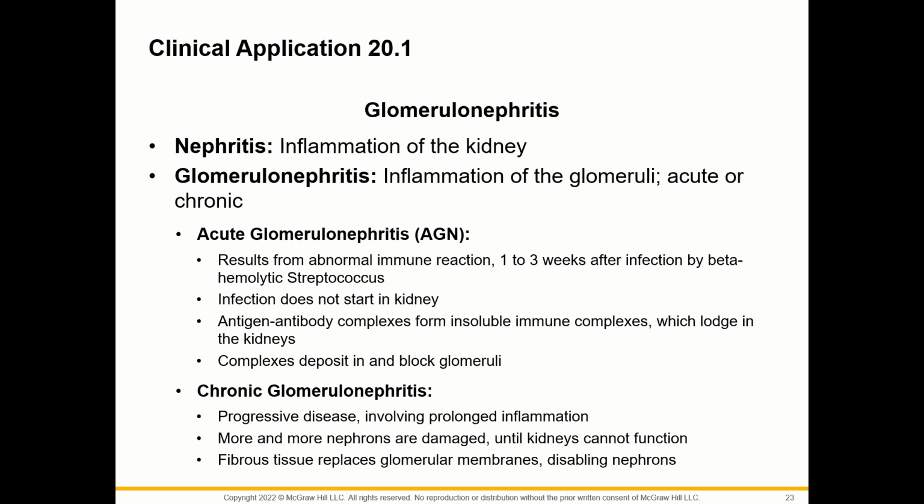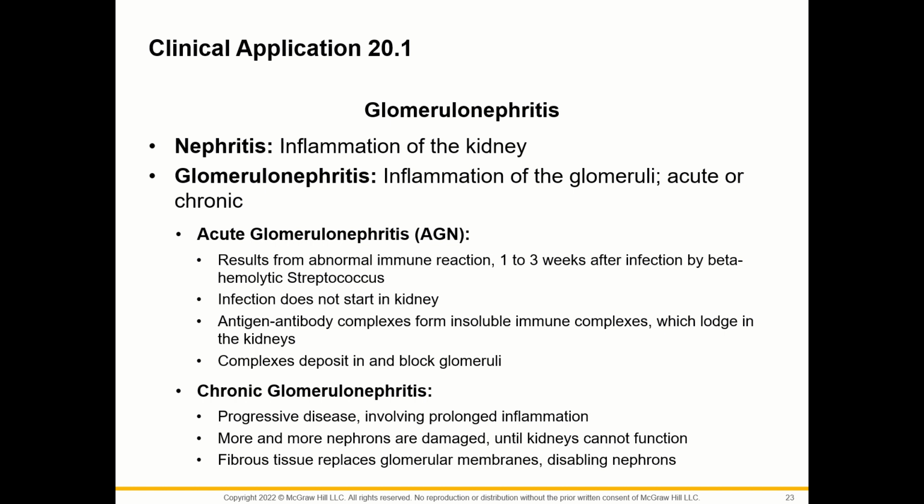That's that strep throat that eats up your throat tissues. The infection does not start in the kidney. The antigen-antibody complexes form insoluble immune complexes, which lodge in the kidneys. Complexes deposit in and block glomeruli.